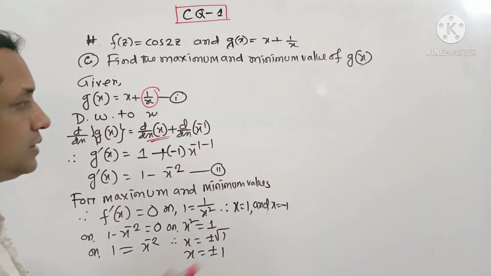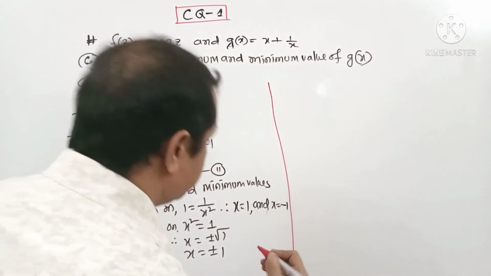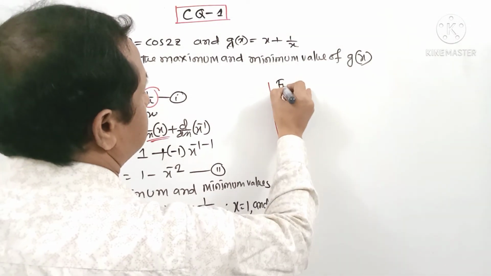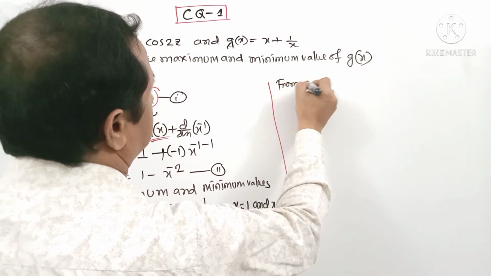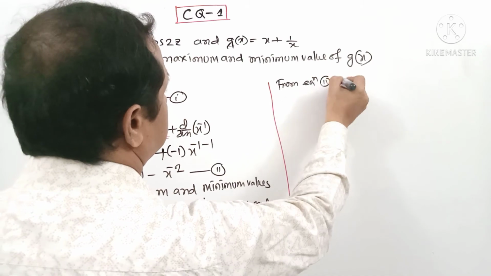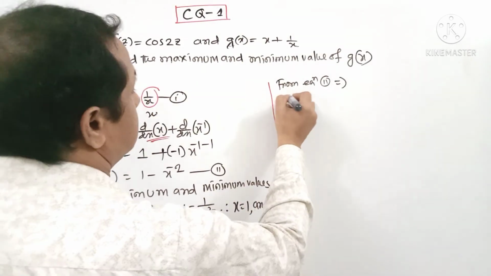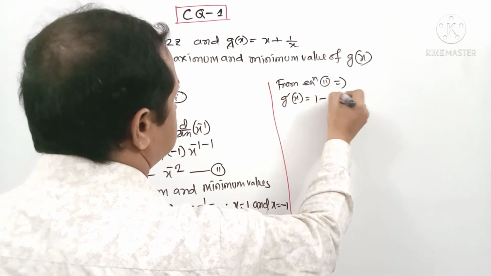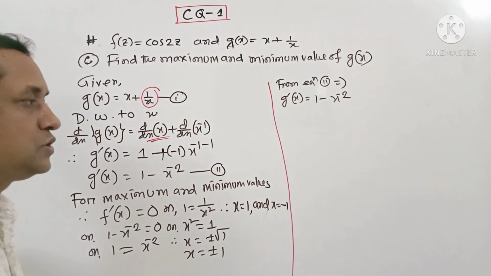Again, student, from equation 2 we get g prime x equals 1 minus x to the power minus 2.